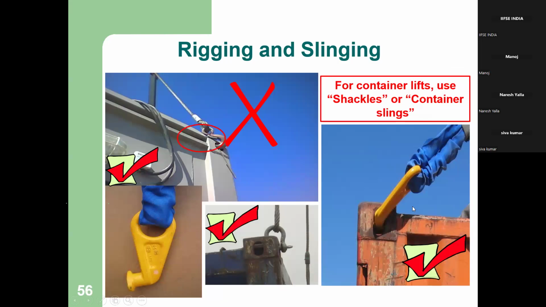Then here, what is the problem? Hook is not properly fixed, sir. Which one? See, as in the last hook you can see, E-clamp not used. Hook is not properly fixed.